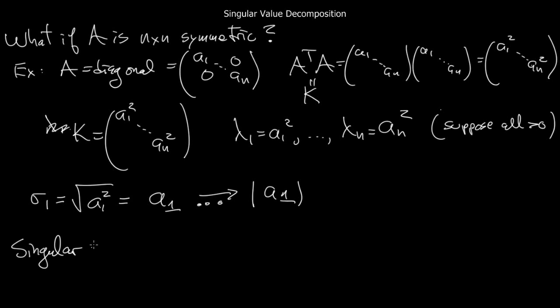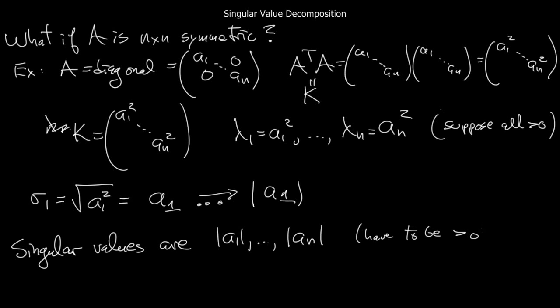And so the conclusion is that the singular values are the absolute values of the eigenvalues of the original matrix. So they are very closely related, but they can't be exactly the same because a symmetric matrix can have negative eigenvalues, but singular values always have to be positive. So the simplest thing is that you just take the absolute values of the eigenvalues.